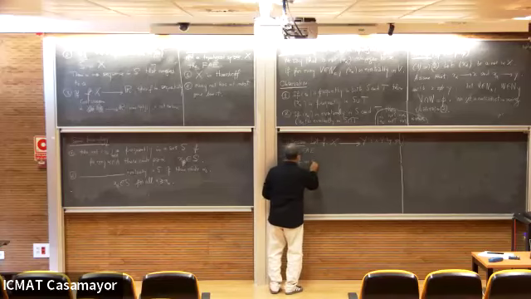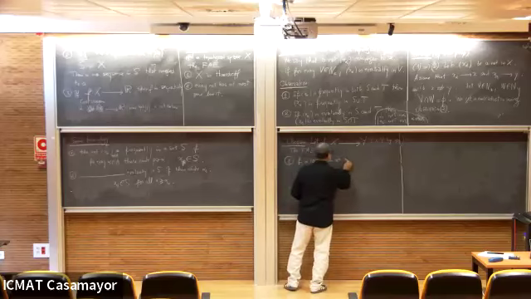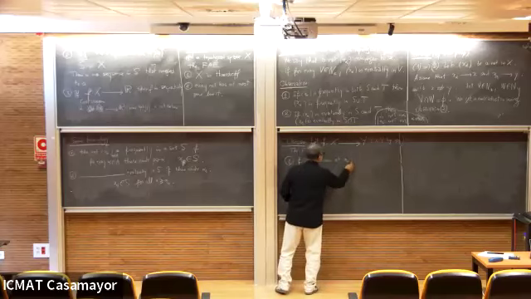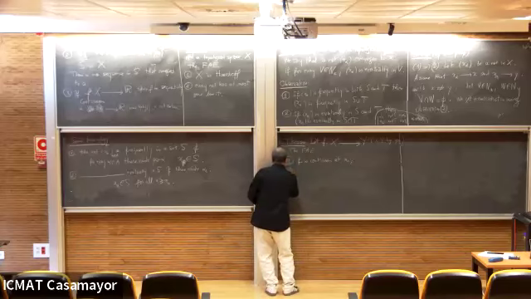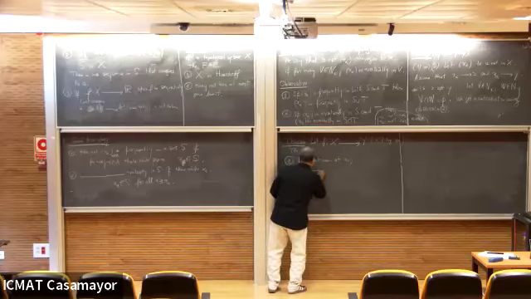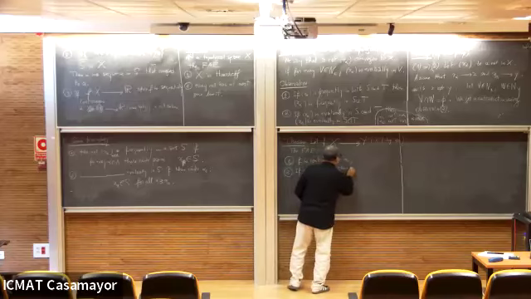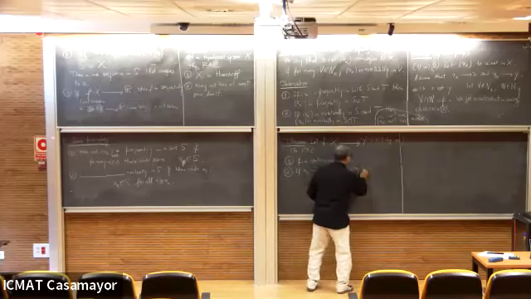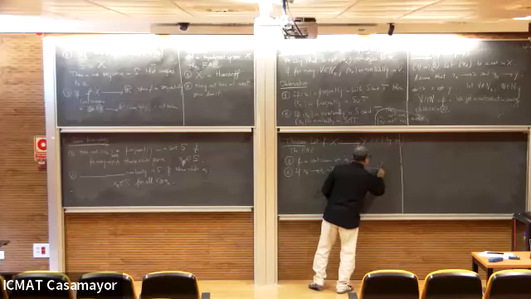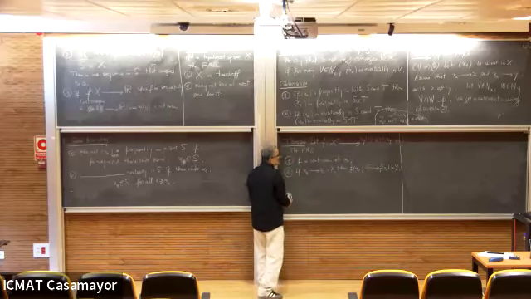One: F is continuous at x0. Two: an expected property, that if x alpha converges to x0 in X, then f of x alpha converges to f of x0 in Y. Okay.